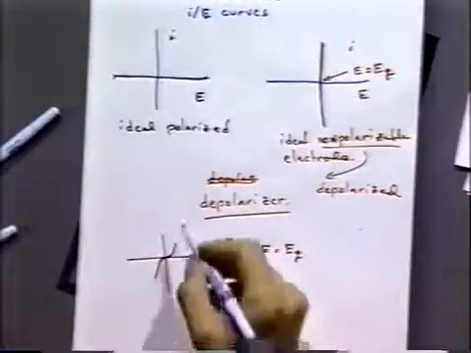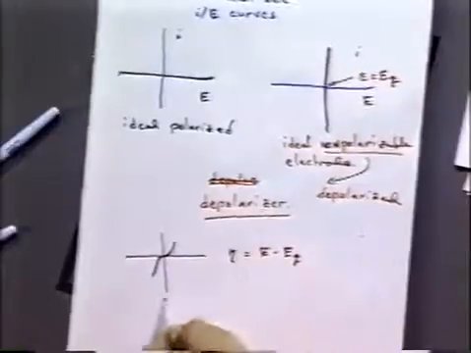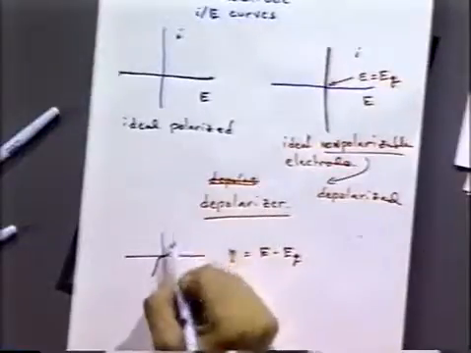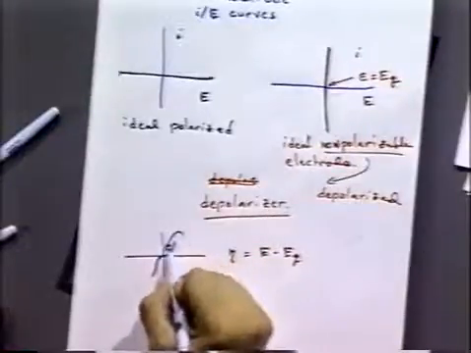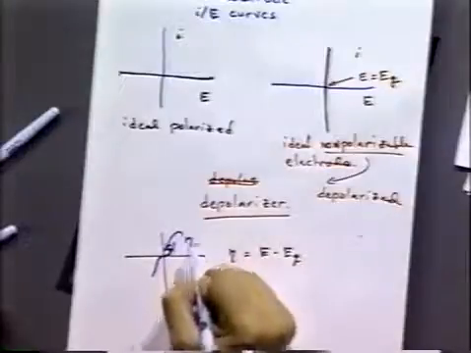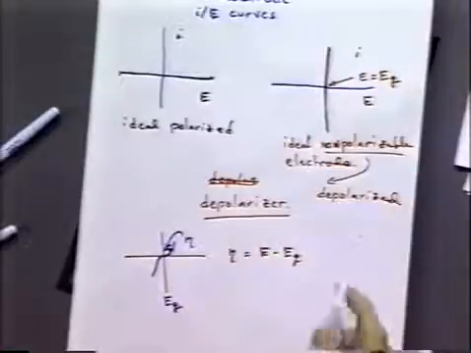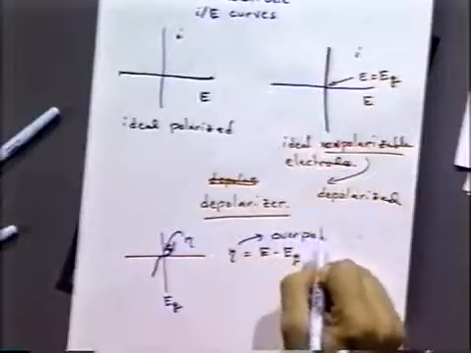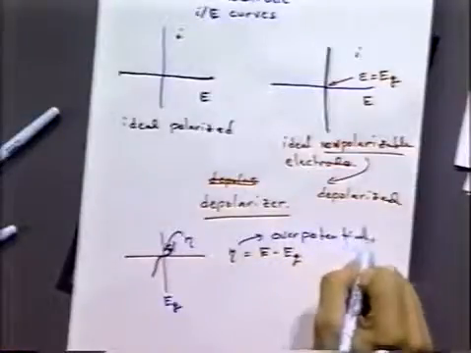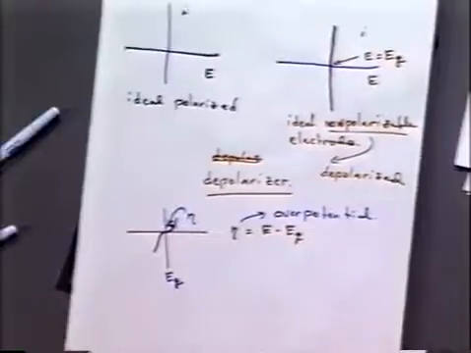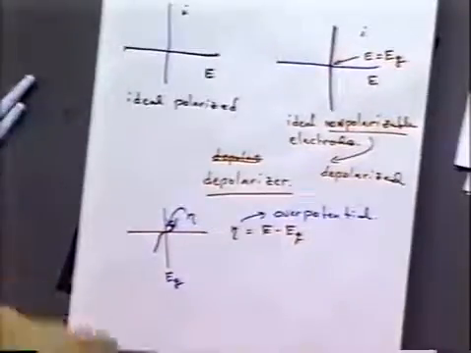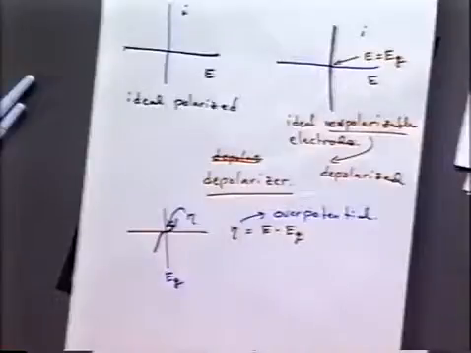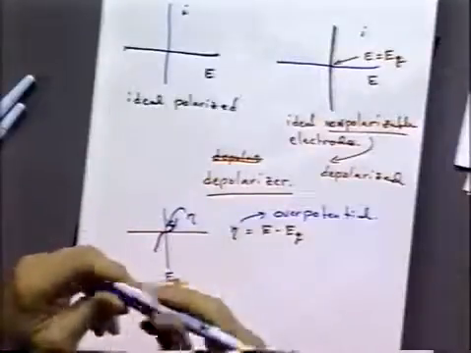So we would call that shift away from the equilibrium potential eta, the overpotential. It's the amount of potential over what would thermodynamically be required to get the reaction to occur. So we're always going to have some sort of an overpotential for the reaction to occur.